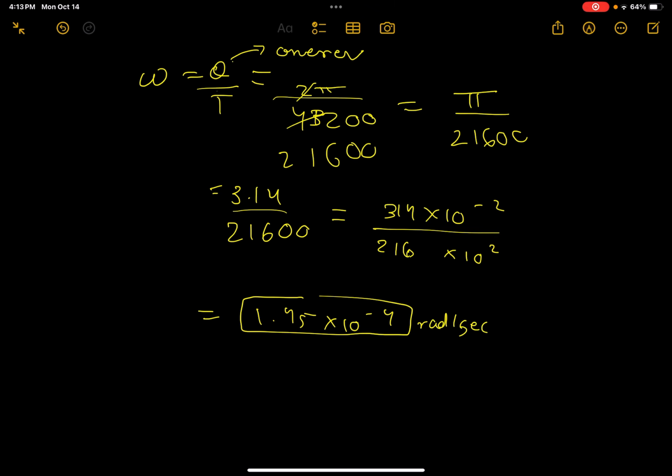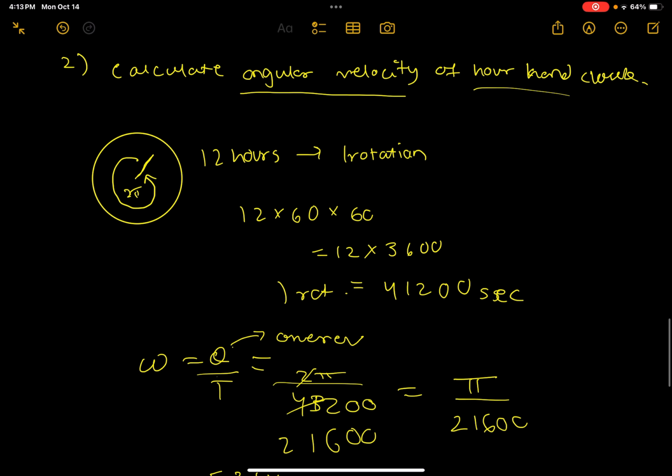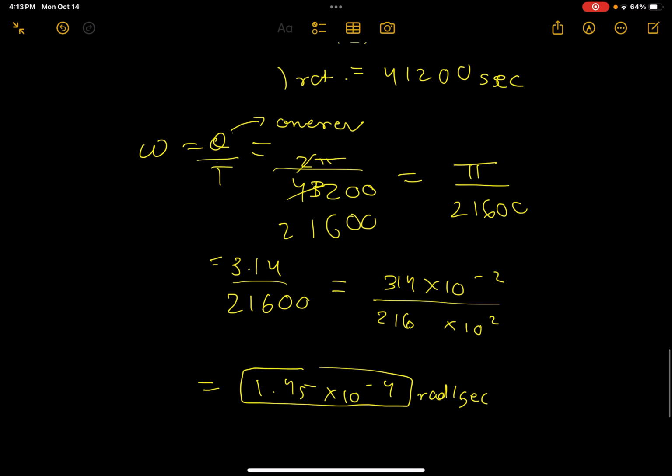So this is the average angular velocity of the hour hand of a clock.